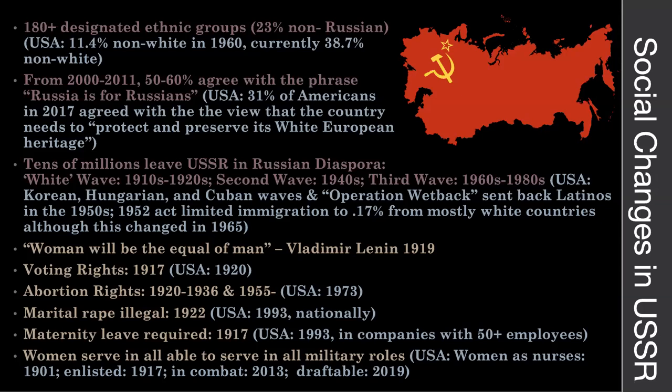The Soviet Union was more diverse than the United States during this period, but is currently much less diverse. And the ethnic group differences there, I think, would be foreign to us here.